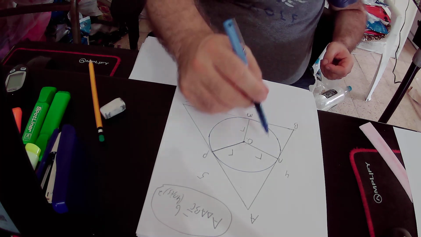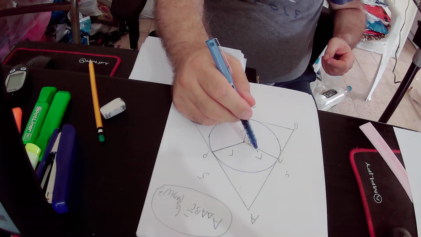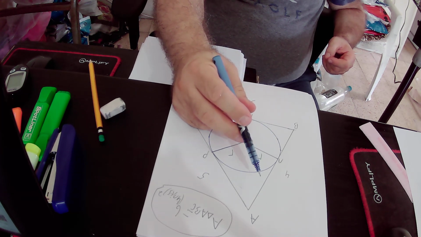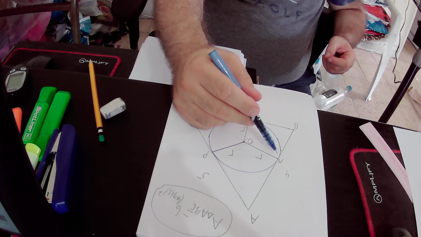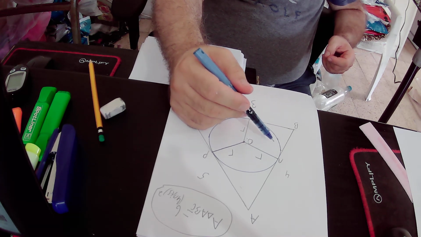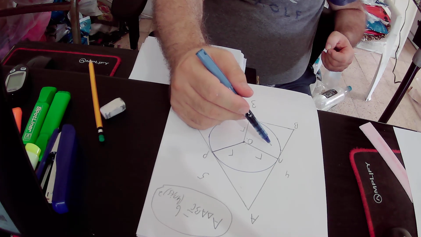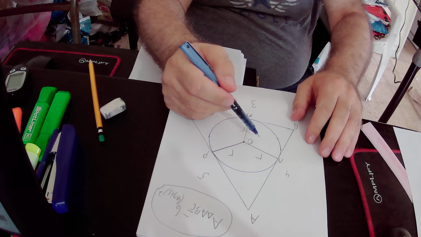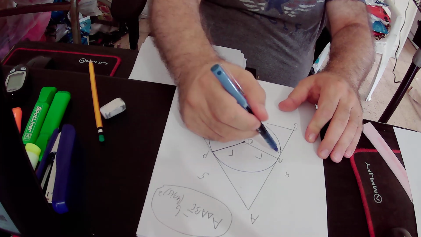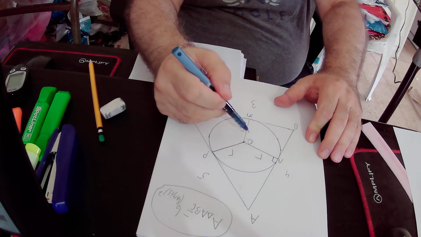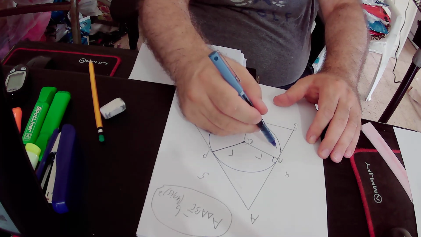We have line segment NO, that is the radius of this circle, and we have side AB that is tangent to the radius at point N. For that reason, according to rule number 1, the radius is perpendicular to its tangent. That is to say, angle ONA equals 90 degrees, and also angle ONB equals 90 degrees.